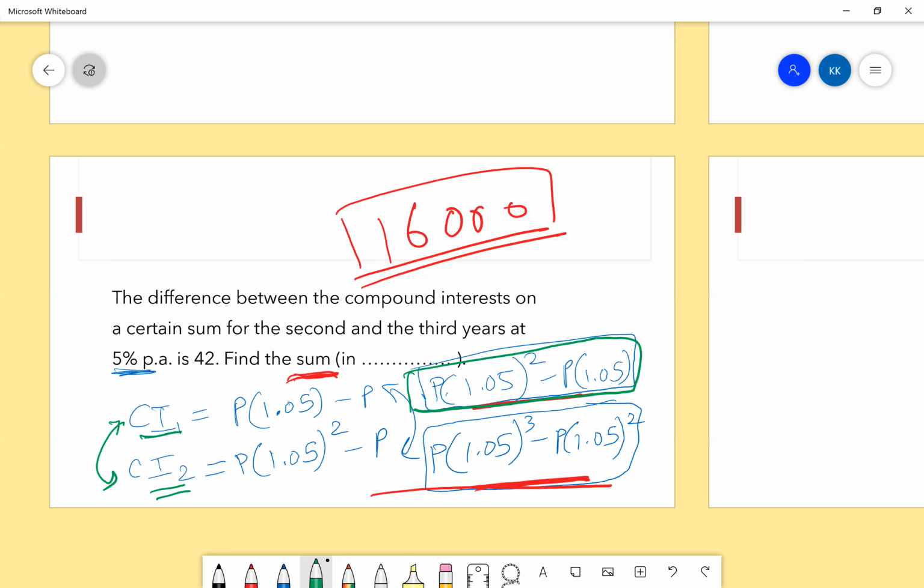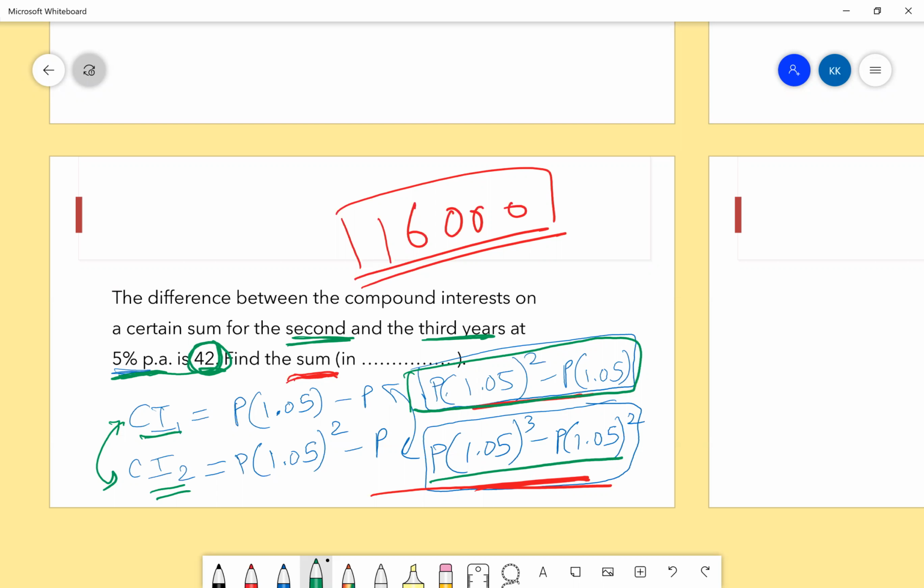Similarly, this will be for the third year on similar lines. This is the third year, this is the second year, as given in the question. And what is the difference? 42.